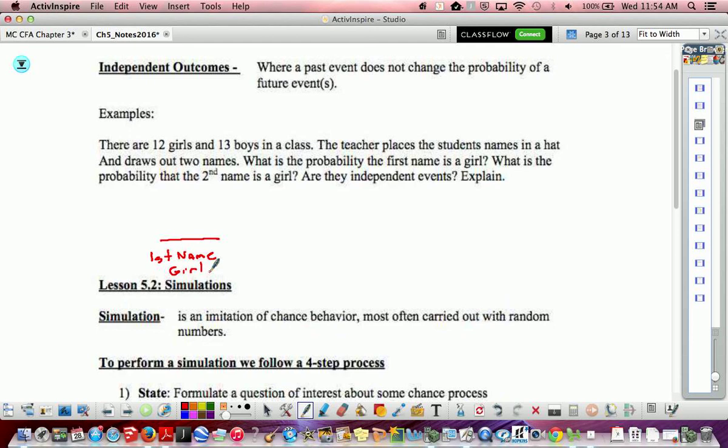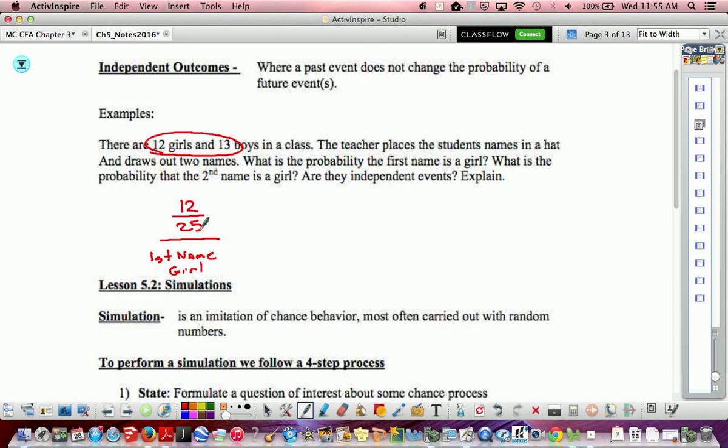So how many names are girls? 12. How many total names are there? 25. So the probability that the first name is a girl is 12 out of 25. As a decimal, you don't have to, but if you did, 0.48.